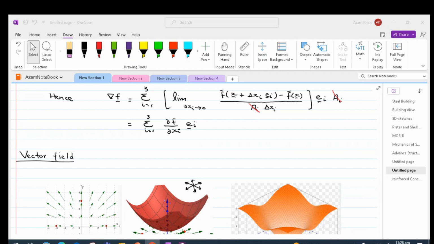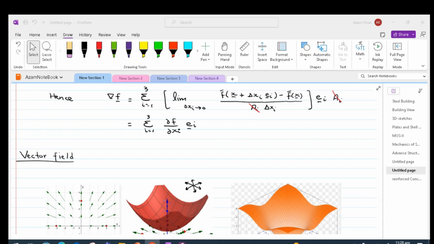So we have a 3D space, and we assume that the whole space is full of vectors. Every vector has a magnitude and a direction, and that vector is giving us information about a certain vector quantity. A vector field tells us how the vector is changing within a particular field.